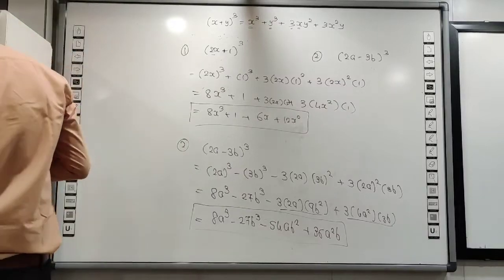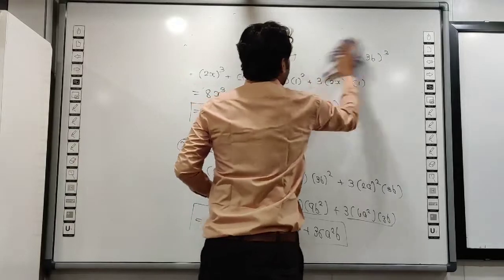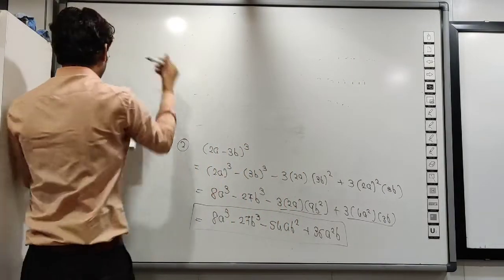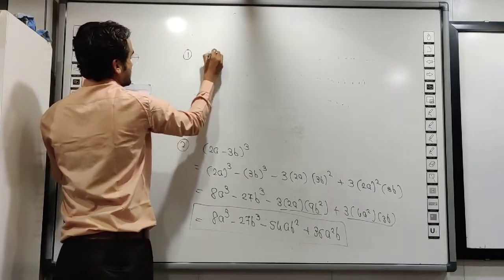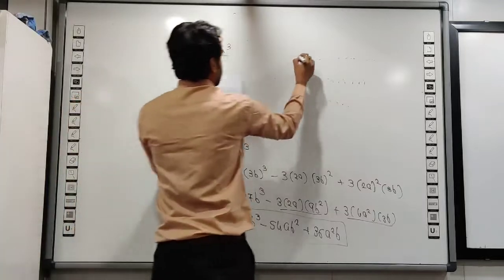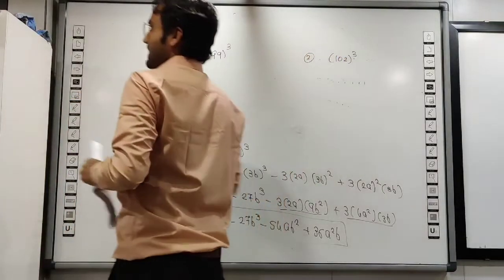Next question, that is evaluate. It is also a simple question and based on this identity. So first one is 99 cube and second one is 102 cube. Right?